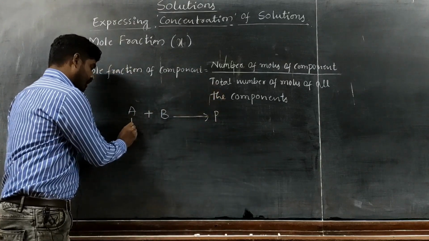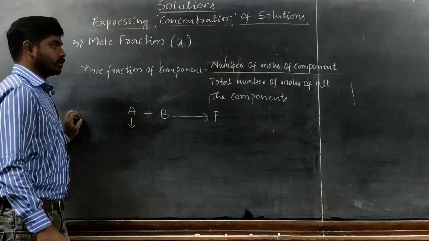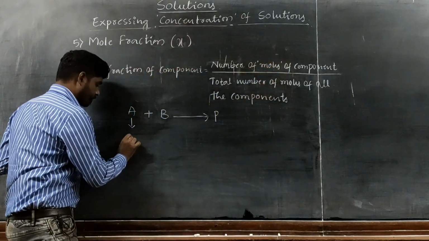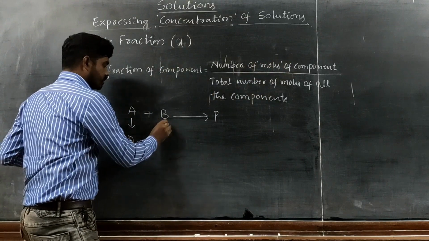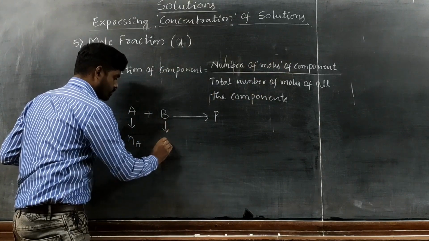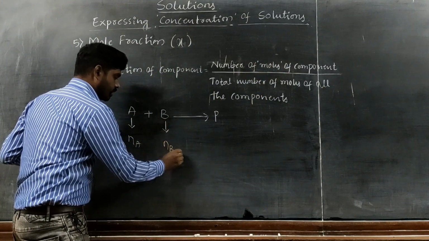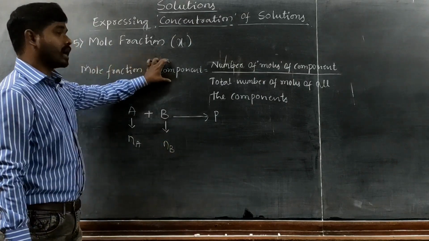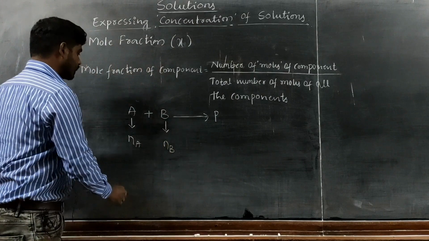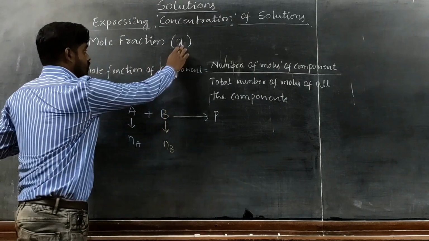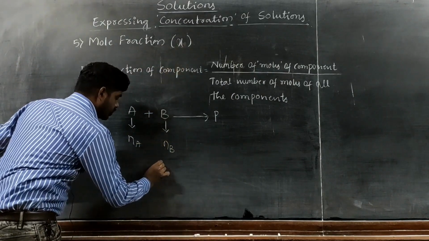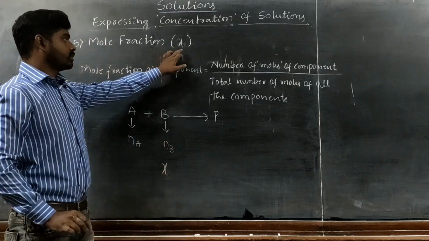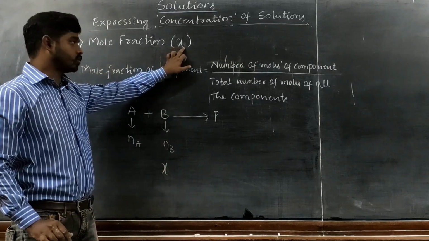If this A component is having the number of moles as Na, and the B component is having number of moles Nb, then if I want to determine the mole fraction of the component A, so xi, mole fraction usually is denoted by xi, so we have to write the component as subscript to the right hand side.